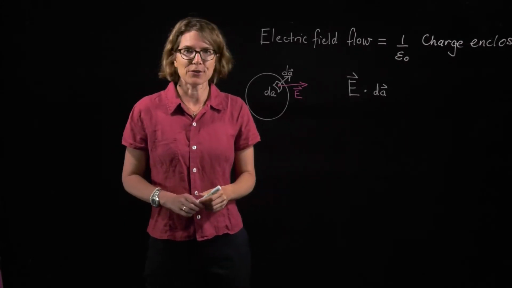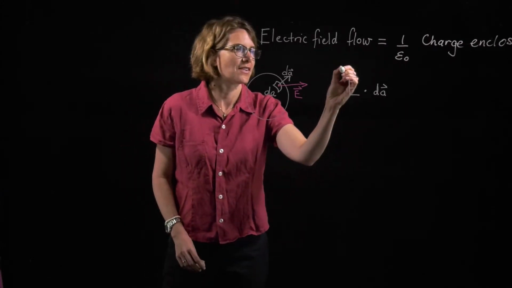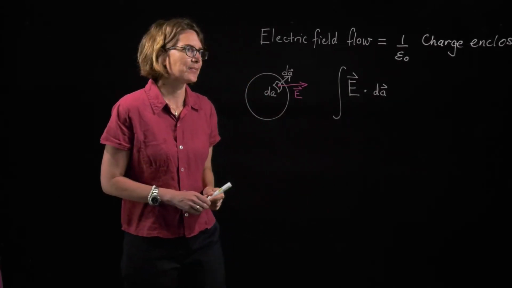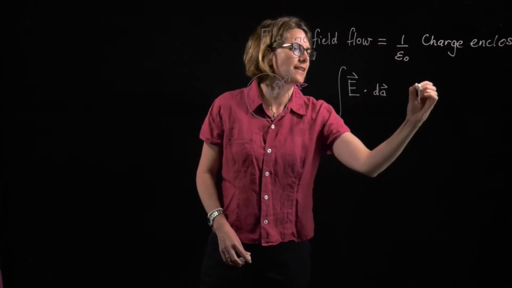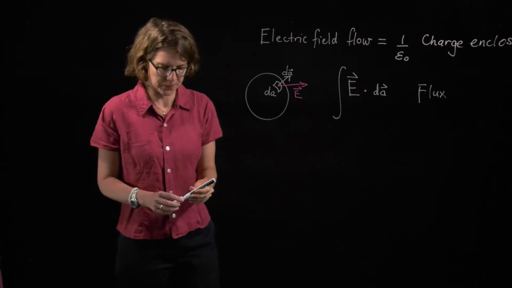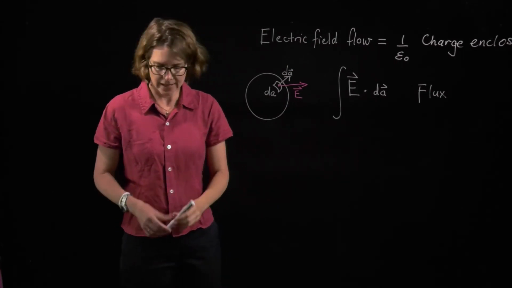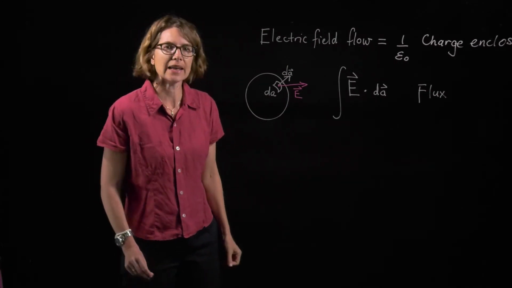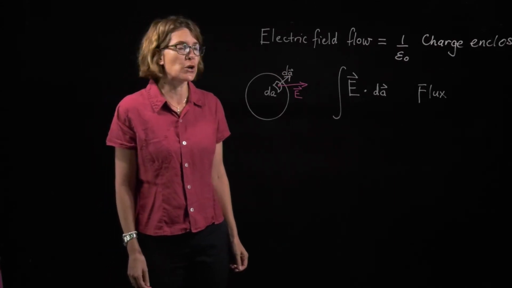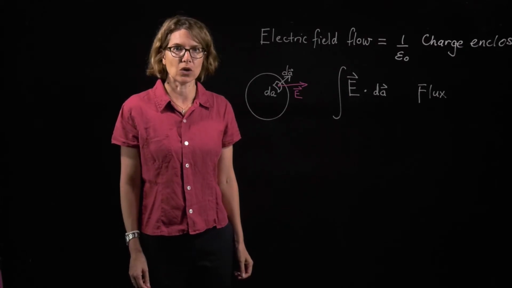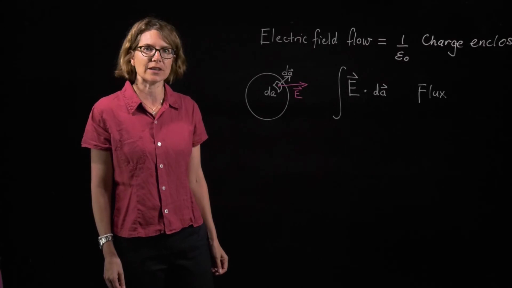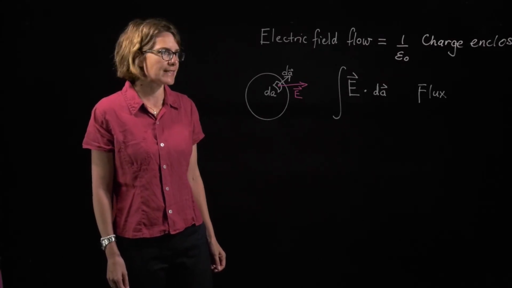If we add up over the whole surface, of course, we do a sum like that. This is called the flux. It's just another word for flow. So that's going to be how we calculate our electric field flux. You can find more notes in your lectures in Maths for Physical Sciences or your vector calculus notes to find a better description.